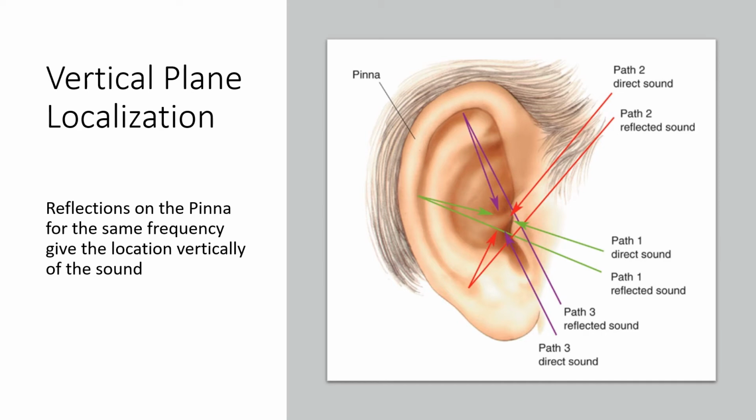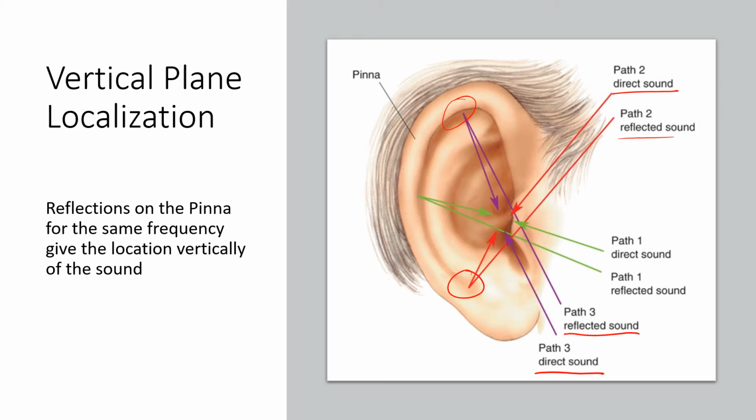And what's going to happen is sounds are going to be direct into the ear, like in path 3 here, and then you're going to have the reflected sound back off the pinna up at this point right here. Path 2 comes directly in, and then it's going to reflect off this part of the pinna and bounce back in. Based on the timing of when you get that little echo between the two things, the brain's going to be able to detect where in the vertical axis that sound is coming from.